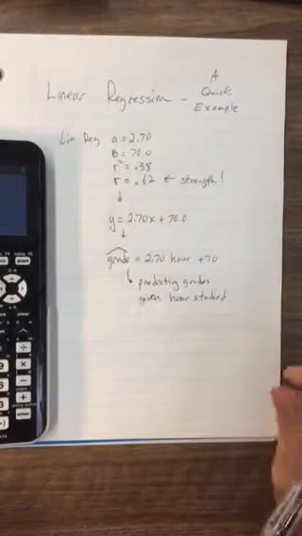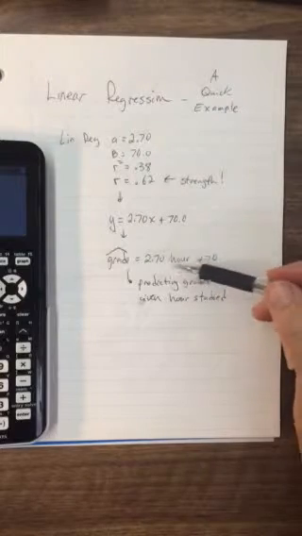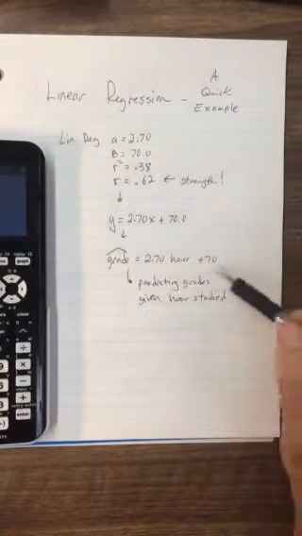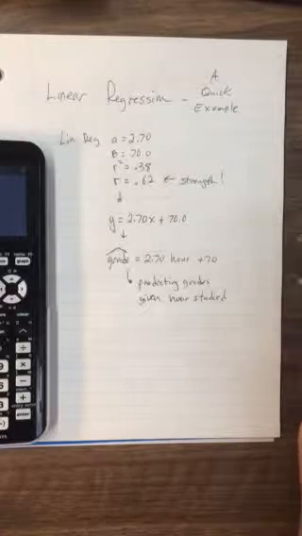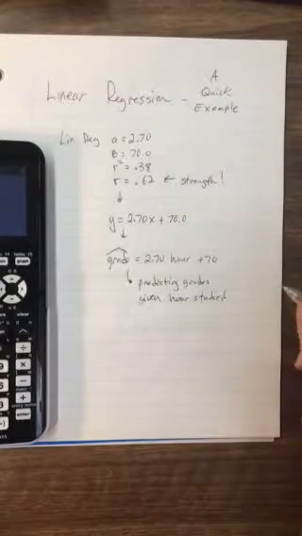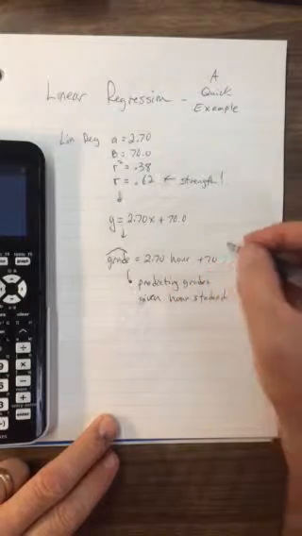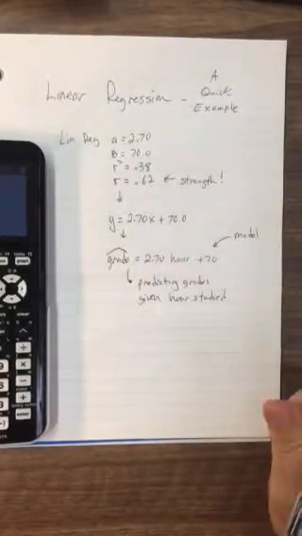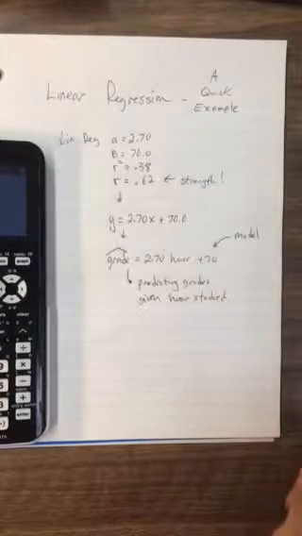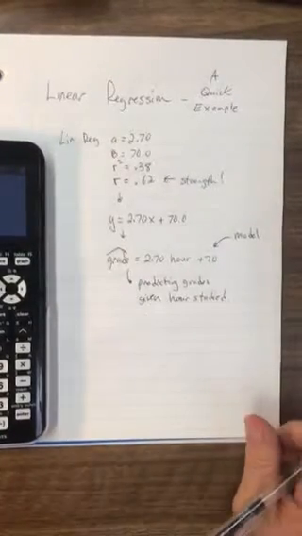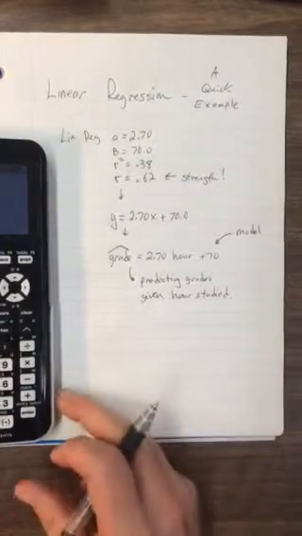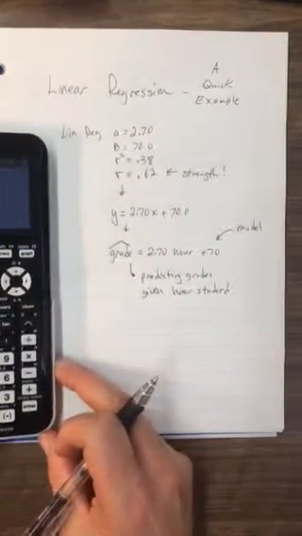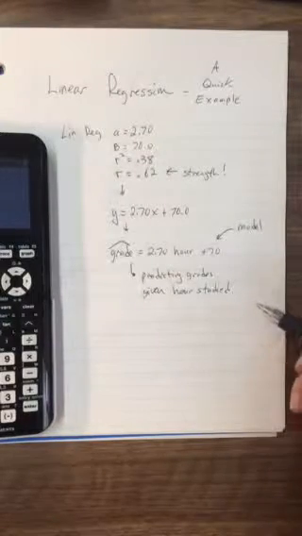For example, if we were to study for 10 hours, do the math yourself, we would expect to get a 97 according to this model. This is a mathematical model, and we're going to use it to predict. As we'll see in another video, it's not going to work for every data point.